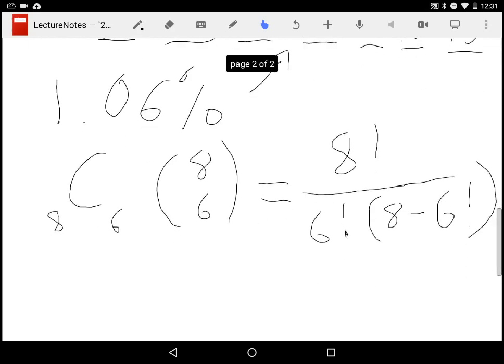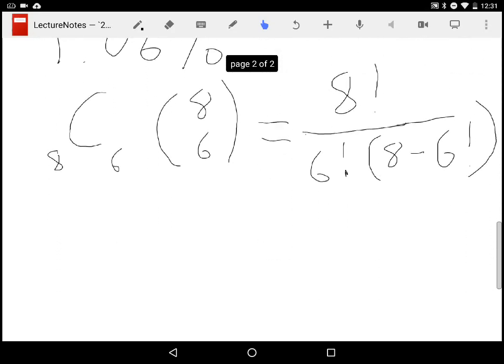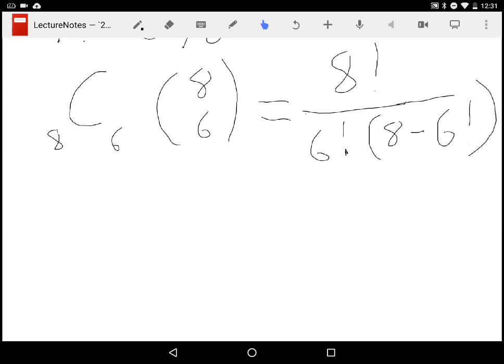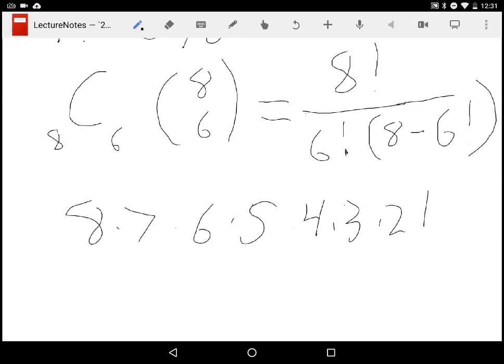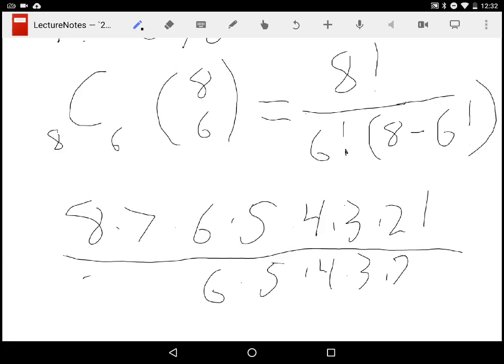And what this means is that the 8 factorial is just 8 times 7 times 6 times 5 times 4 times 3 times 2 times 1. And then 6 factorial, the number of makes in this case, would just be, I'll put it here so it's a little bit easier, 6 times 5 times 4 times 3 times 2 times 1.